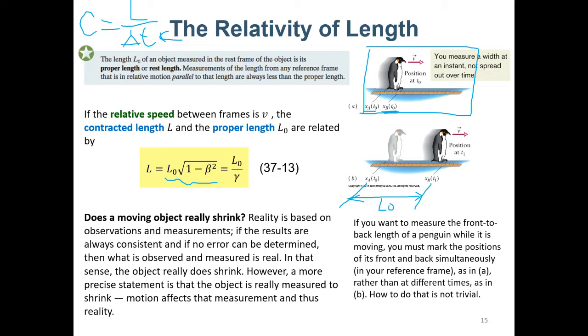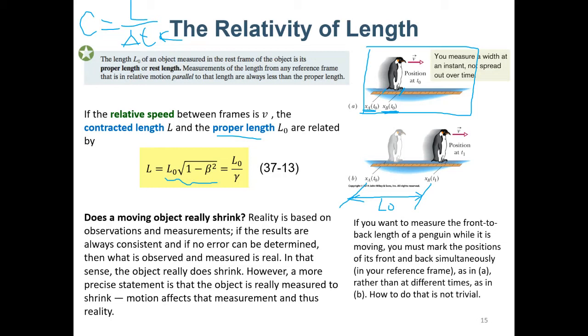We measure it at the same time for XA and XB at T0, so that we know the length of the penguin. And this is actually the proper length, because the ruler and the penguin do not have relative motion, so this is the proper length.